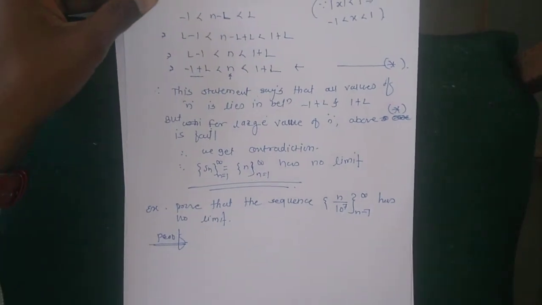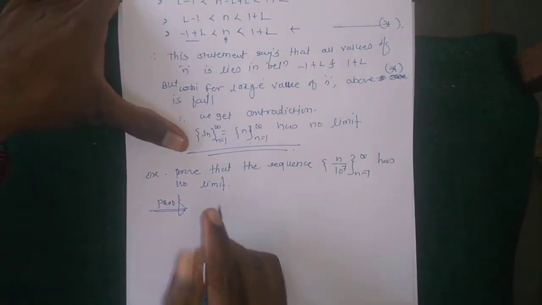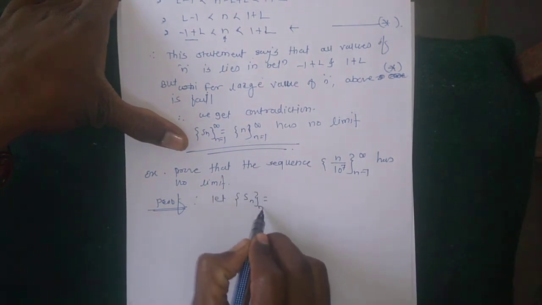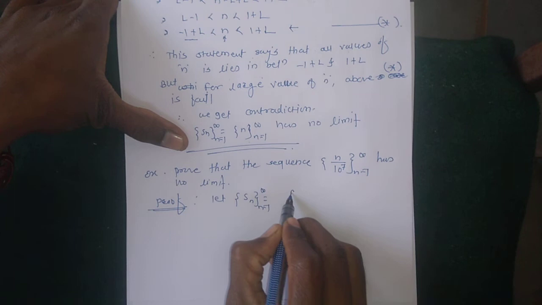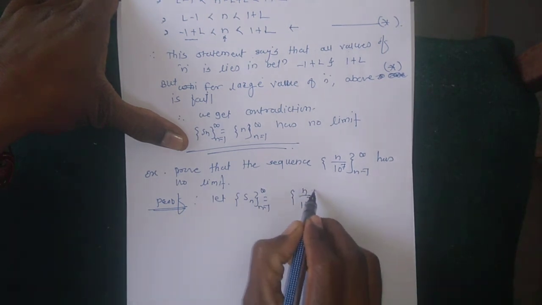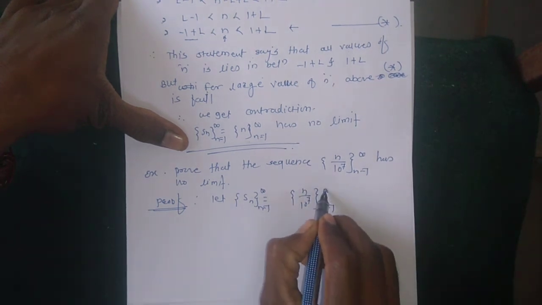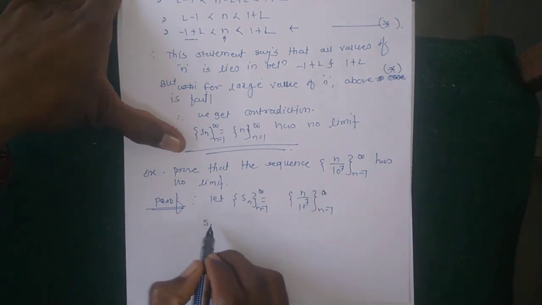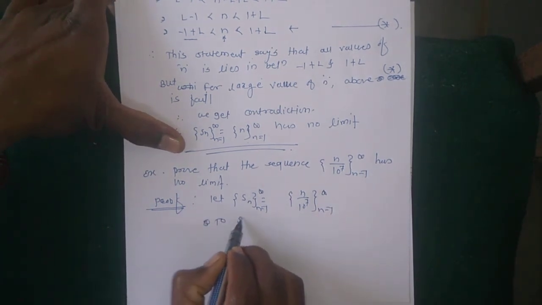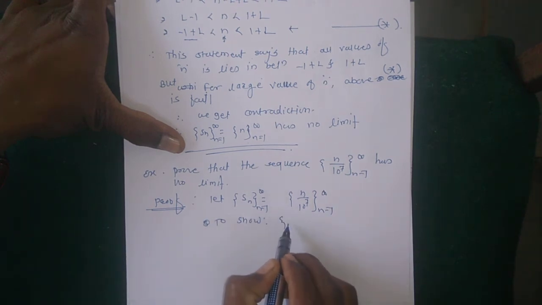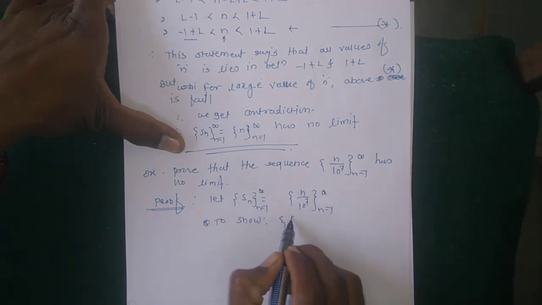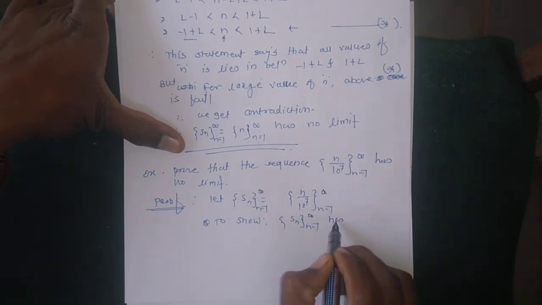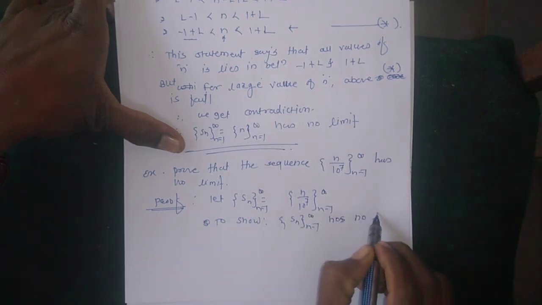How to prove a given sequence has no limit? So let sequence Sn, n runs from 1 to infinity, be given as n divided by 10 raised to 7. So what to show here? Sequence Sn has no limit.